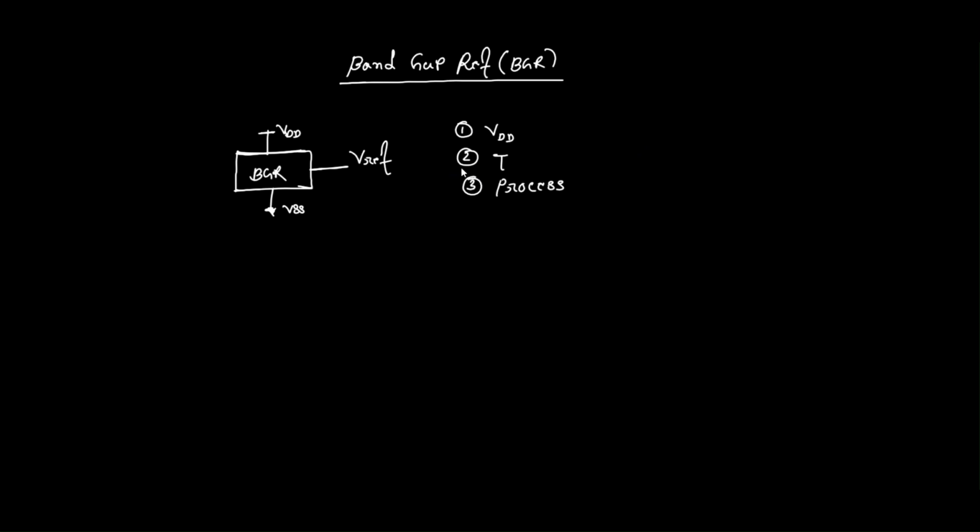So first, let's figure out how to get a temperature independent voltage. To get a temperature independent voltage, we require two kinds of voltage. One is PTAT, the second is CTAT.